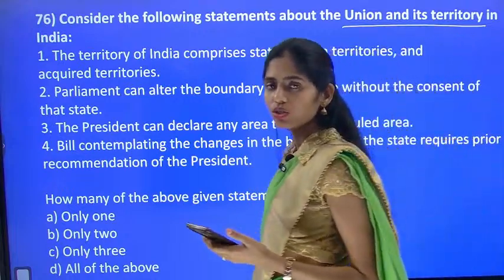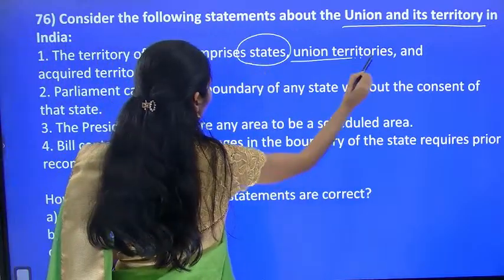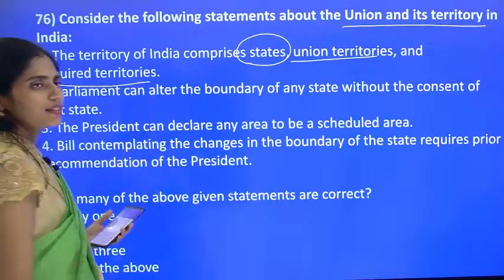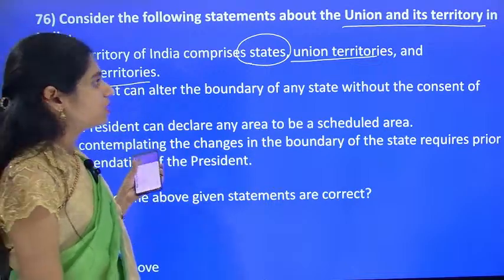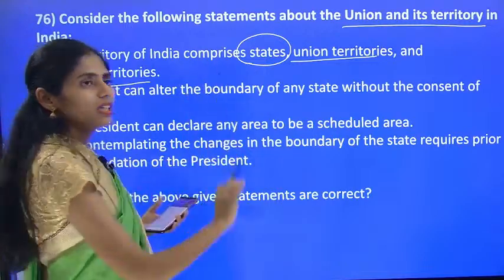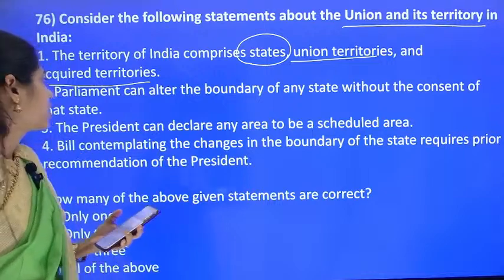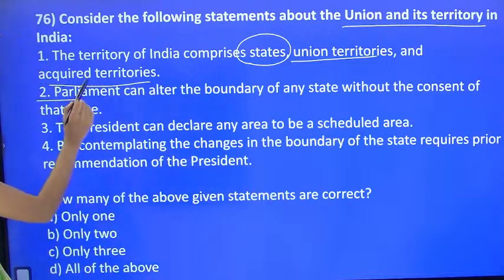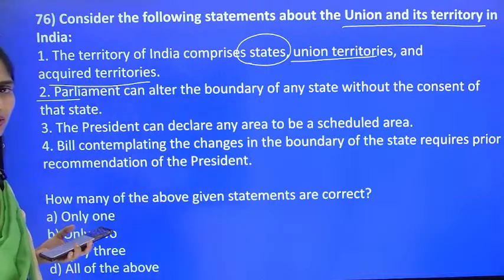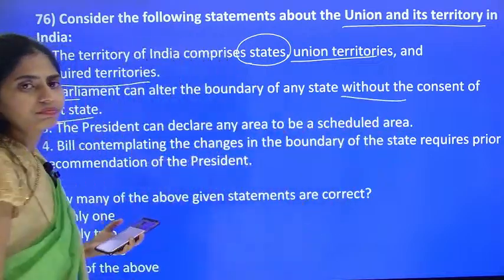The first statement is, the territory of India comprises states, UTs and acquired territories. If you have gone through the union and its territory, the first article itself talks about what the territory of India is and what it comprises. Next, Parliament can alter the boundary of any state without the consent of that state.